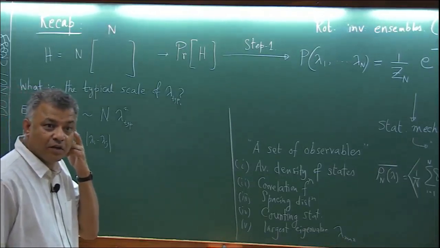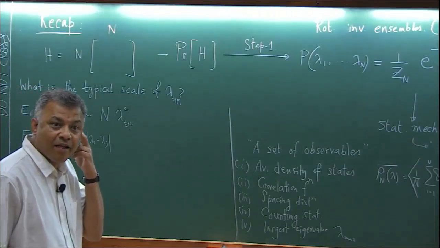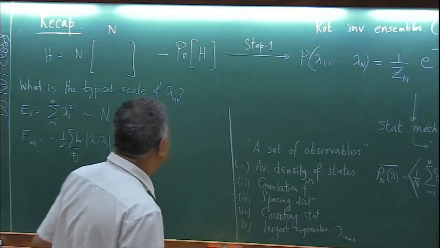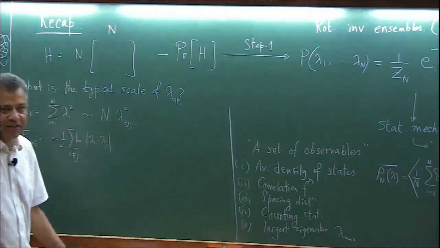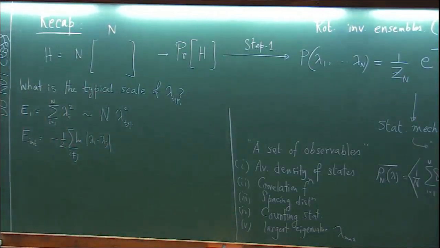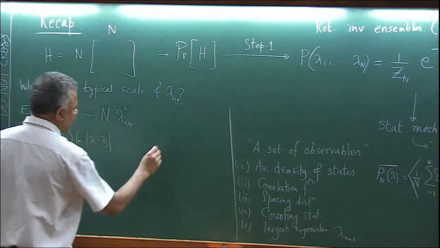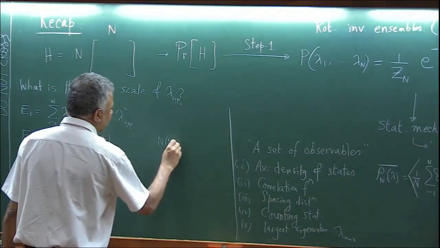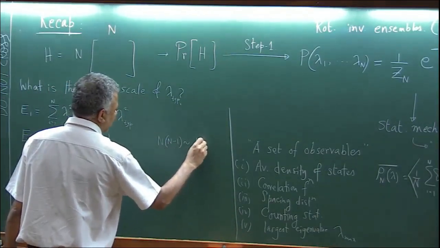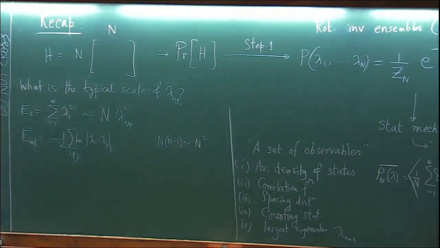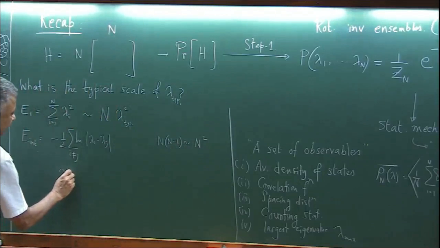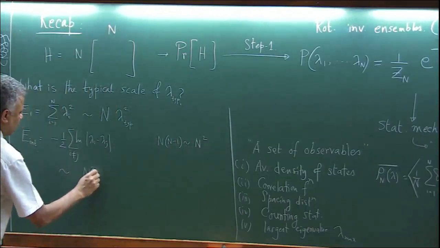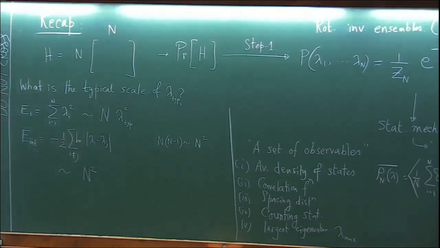So NC2, n into n minus 1, because you don't count 1, 2 and 2, 1 separately. So it's actually n into n minus 1 terms. For large n, this is of order n square. So there are order n square terms, and therefore this interaction energy typically scales like n square.